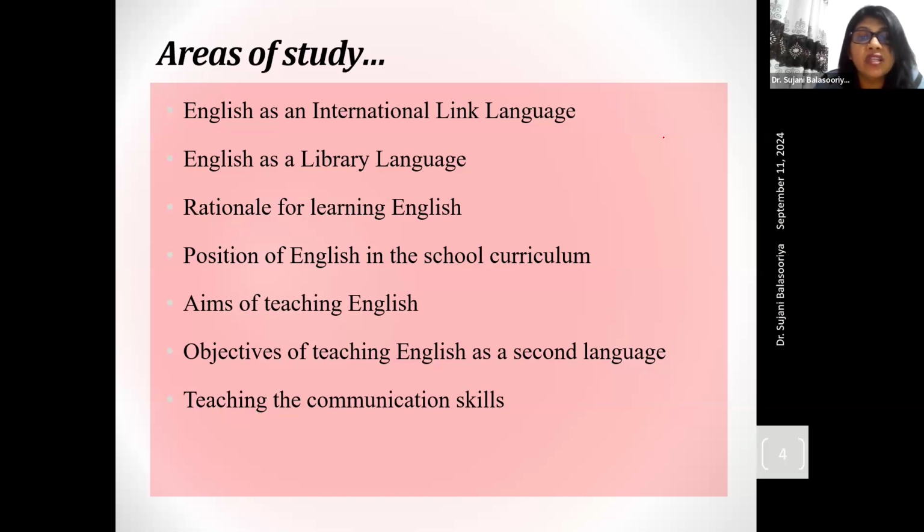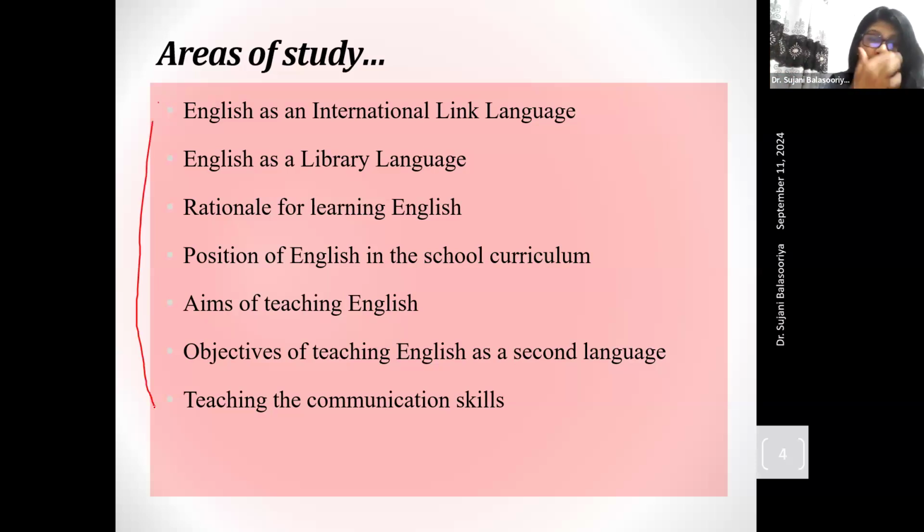And the position of English in the school curriculum, aims of teaching English, and objectives of teaching English, particularly as a second language. Then the latter part of this first unit deals with teaching the communication skills: teaching listening, teaching speaking, teaching reading, teaching writing. These 4 skills are coming in the latter part of this module. So these are the contents of the first unit.